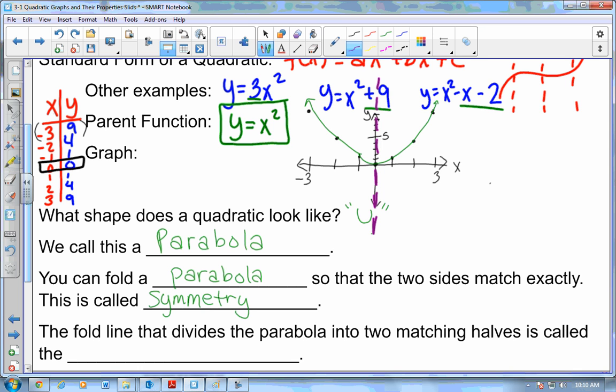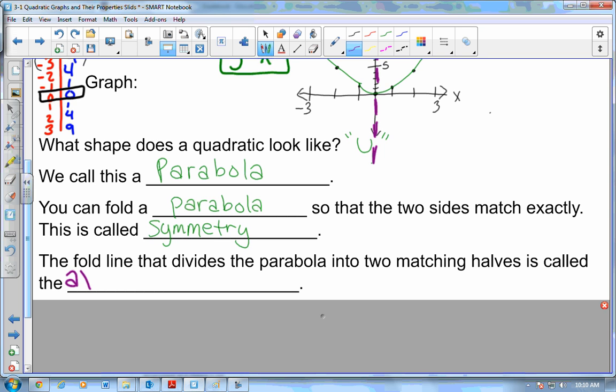So this fold line where we can fold it right in half is called the axis of symmetry. The fold line that divides the parabola into two matching halves is called the axis of symmetry. This is vocabulary you have to know. So make sure you're writing it down.